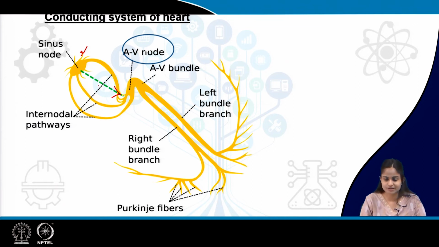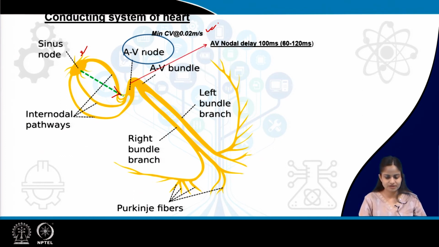This is nothing but the atrial depolarization, and as I told you, the AV node is a very slow conducting pathway, and it will have a delay of 100 milliseconds or 0.1 seconds, and the conduction velocity at this AV node is 0.02 meter per second, which is very slow, to ensure full contraction of the muscles and proper filling of the ventricles. So, this AV nodal delay has been explained.